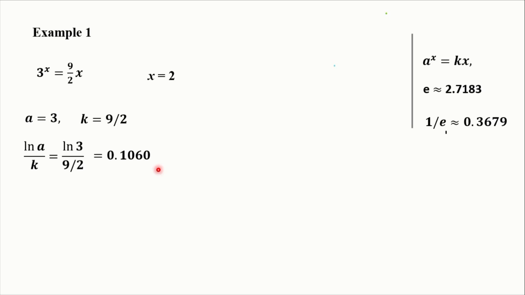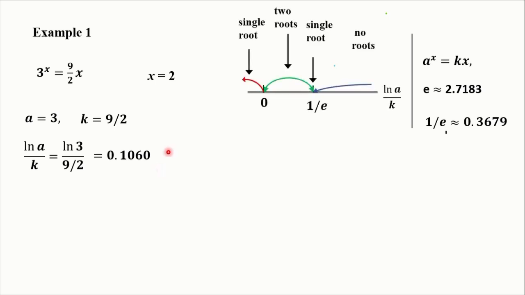Now we recall the solution for this equation, and we will see that because 1 over e is about 0.4, this value is between 0 and 1 over e, so it has two solutions. So there is another solution in addition to this.